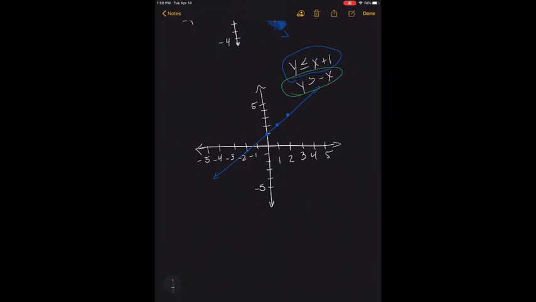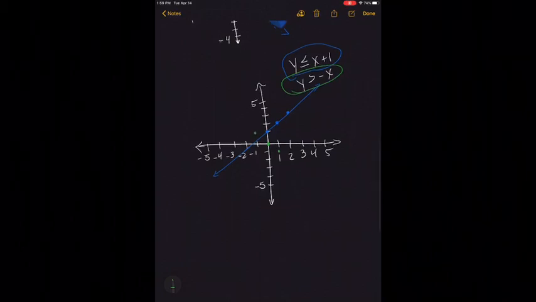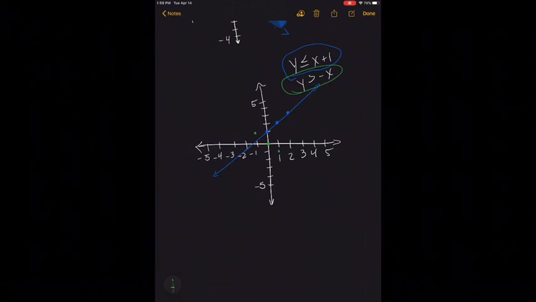For our next one, I'm going to use green. Y equals negative x. That means our intercept is 0. And our slope is negative 1, over 1 down 1. So it's going to be in that direction. And this is only less than, so we want to make this one a dotted line. Use your straight edge.